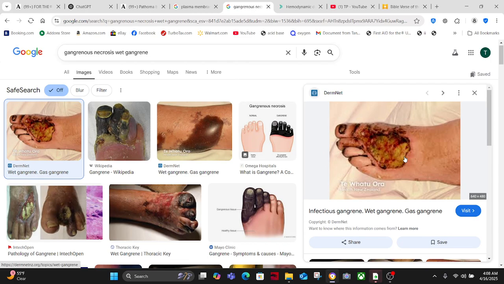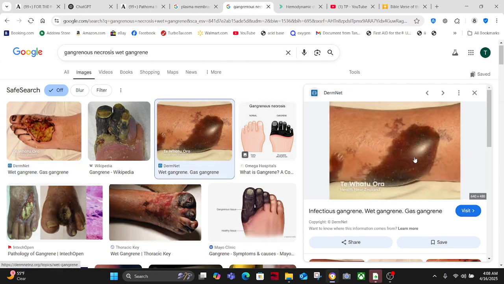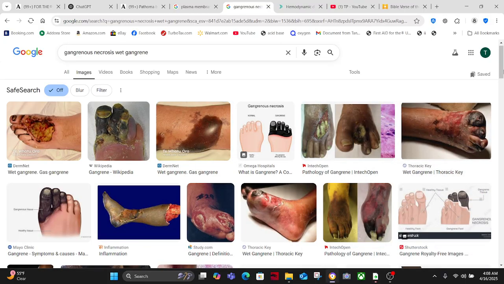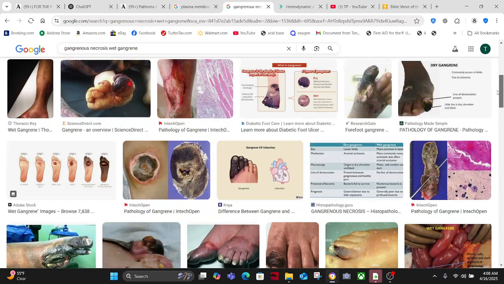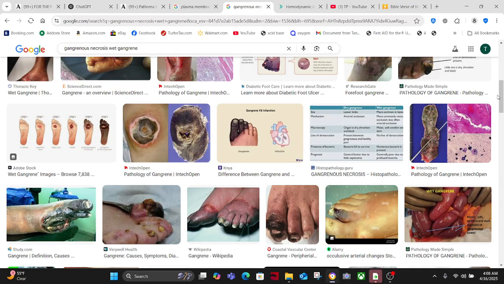It's more liquidy slash wet, and it has bubbles. It would look like bubbles underneath the skin. But dry gangrene looks almost mummified.